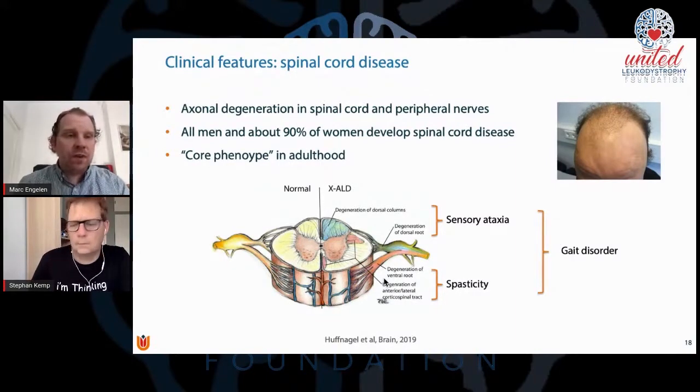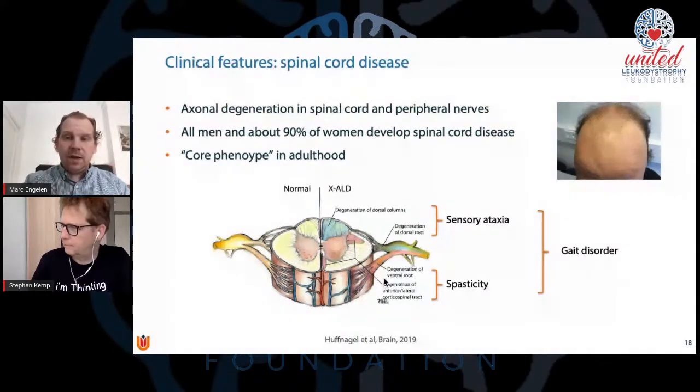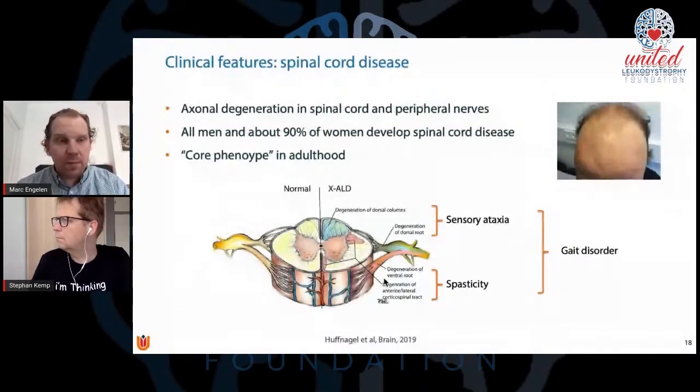And also a point that does not gain much attention, but is remarkable, is that men with ALD tend to have the normal balding that affects most of us men, unfortunately, but much earlier, because the man on this picture is only 22 years old at the time of this picture.